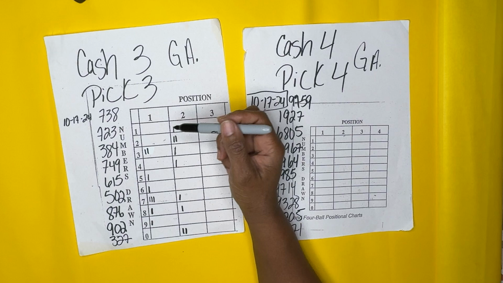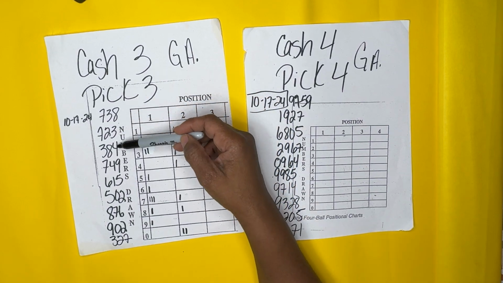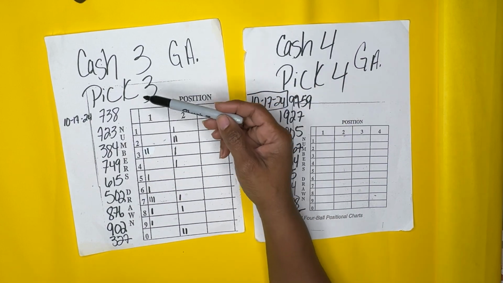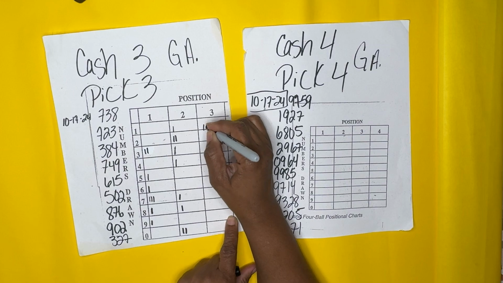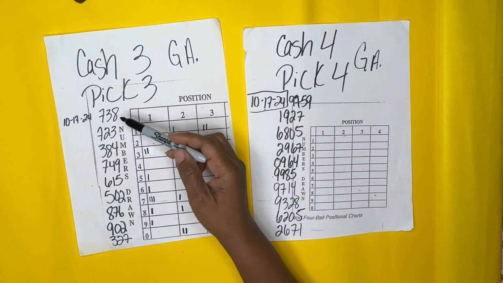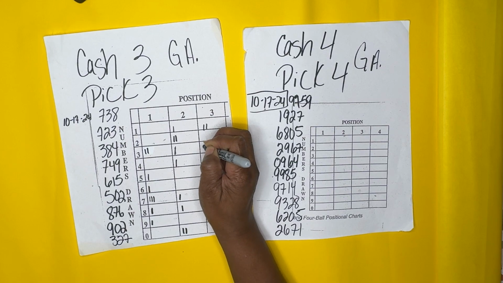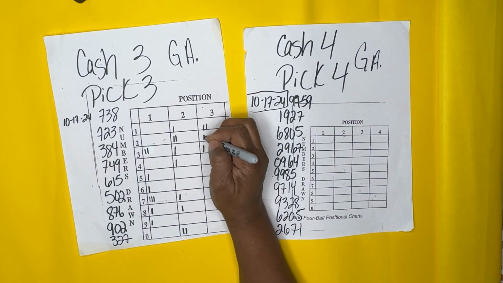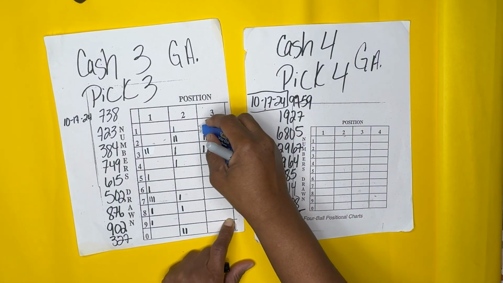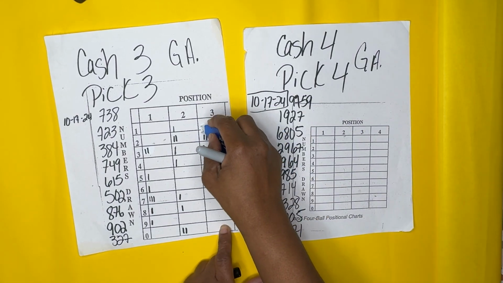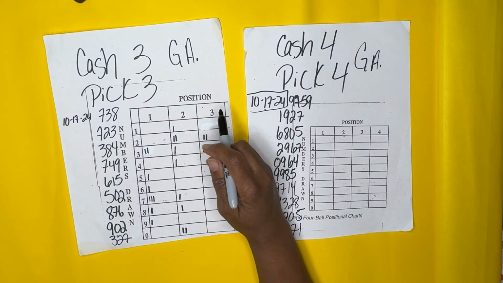So now we're in the third position. Do you have any 1s in the third position? No. Any 2s? 1, 2. Any 3s? 1. I'm sorry, y'all. I wrote this on the wrong line. 1. Any 4s?